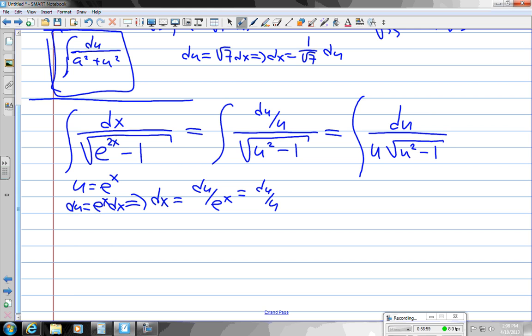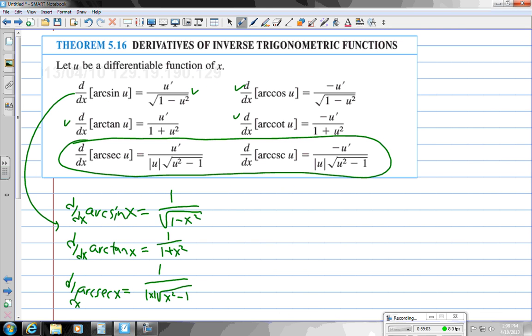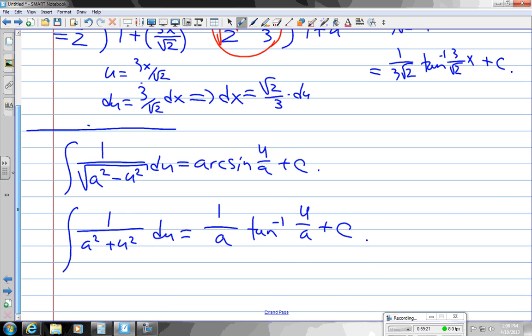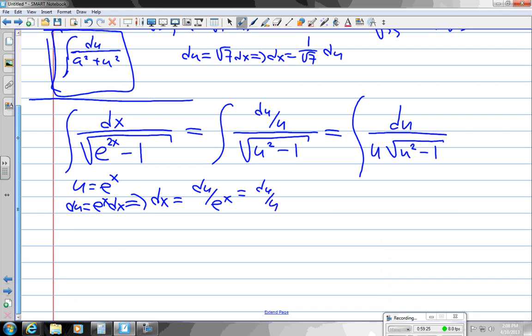Is that okay? So if I flip back to my little table, what does that look like? Yeah, arcsecant, right? It has absolute value of u, but our u is always positive because it's e to the x, so we need the absolute value. So it does look like the arcsecant. And we don't need to worry about the u prime.